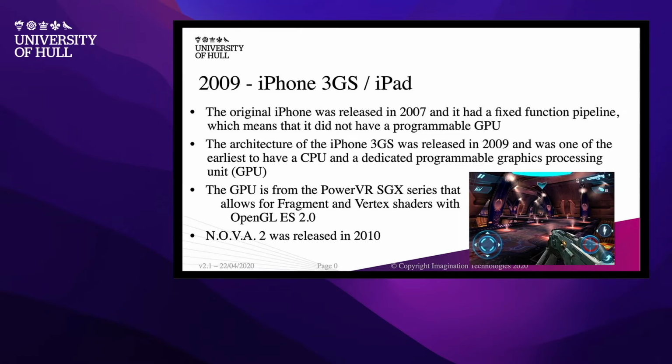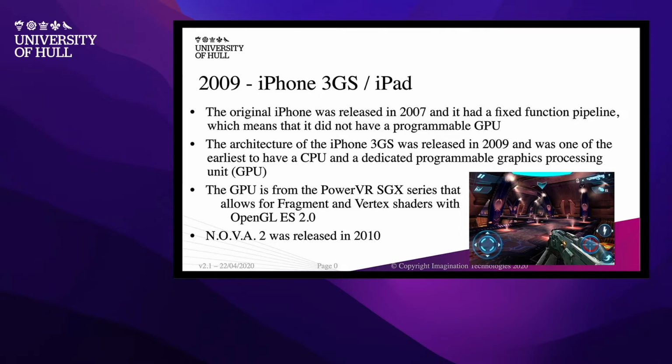But what's important there, every time that you see the word shader, that means you can write your own code to run directly on that part of the GPU. So you're overriding the default functionality of the GPU.